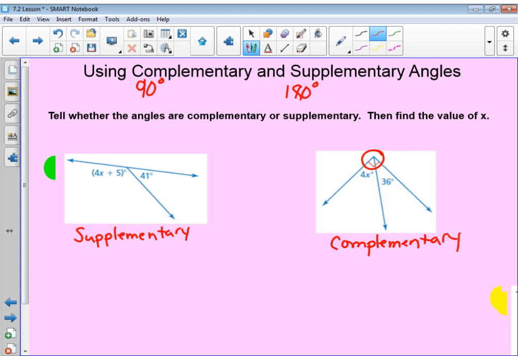My pen stopped writing. There we go. Okay, so I've got these equal 180, these equal 90, and then what I see. So I see 4 X's and a plus 5 and a 41. So if I put those together, 41 plus 5 gives me plus 46.